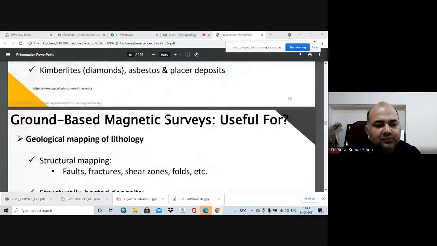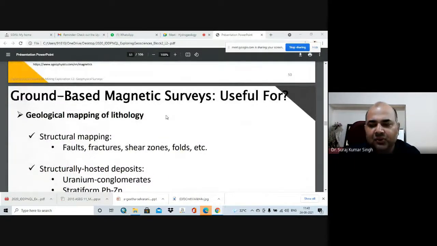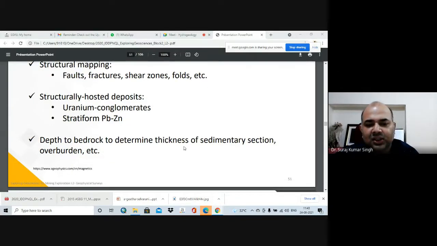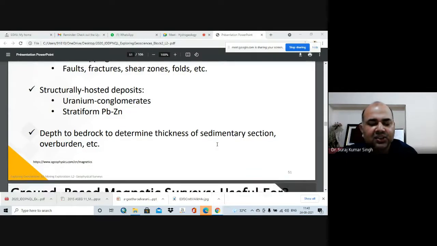For various kinds of geomorphological mapping, you'll be using these methods for structural mapping like faults, fractures, shears and folds that are subsurface, then structurally hosted deposits of uranium, stratiform deposits, and finally depth to bedrock to determine the thickness of the sedimentary section and overburden.